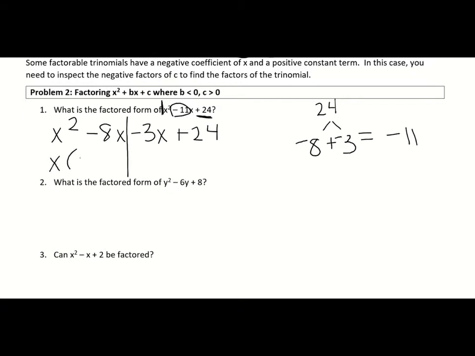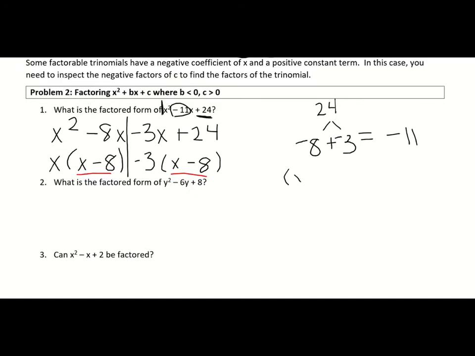We can take an x out on the left to be left with x minus 8. On the right, notice it starts with a negative, so I'm going to take out negative 3 to be left with x minus 8. Again, the whole point of this is to get those insides to match, which they do.